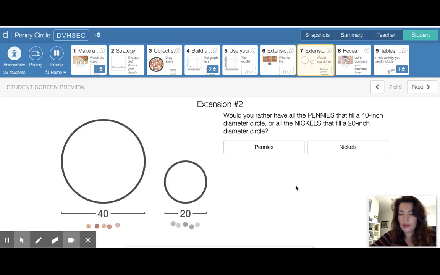All right, would you rather have all the pennies that fill a 40-inch diameter circle or all nickels that fill a 20-inch diameter circle? All right, so here it's easy to say, oh, well, I would rather use the nickels because nickels are worth more. But I would like you to elaborate a little bit more.